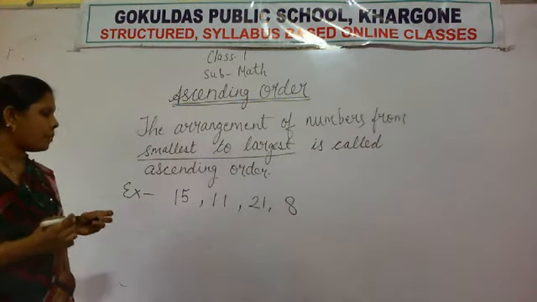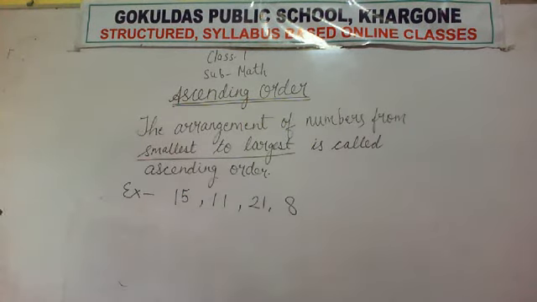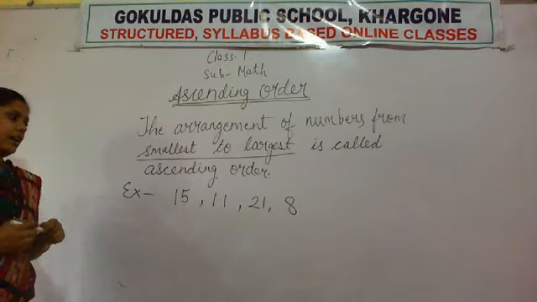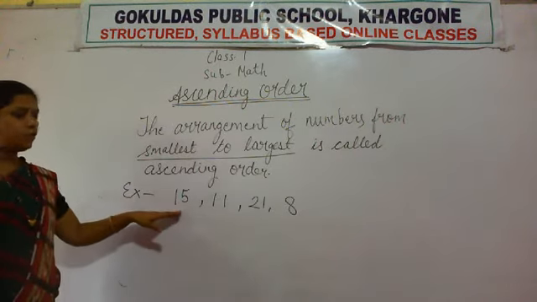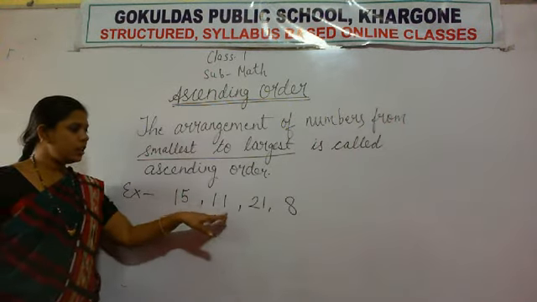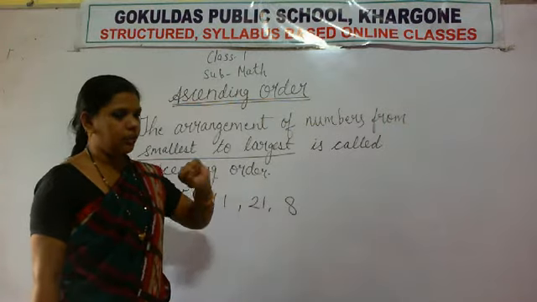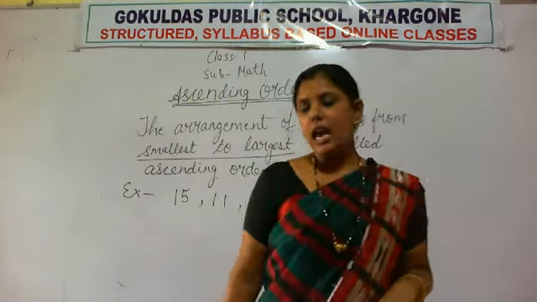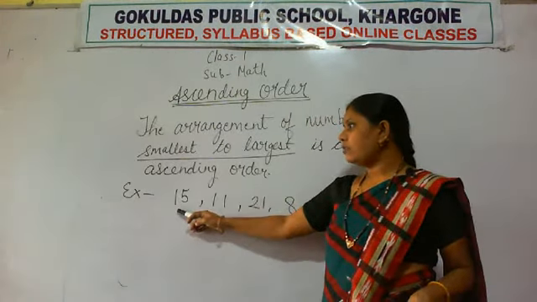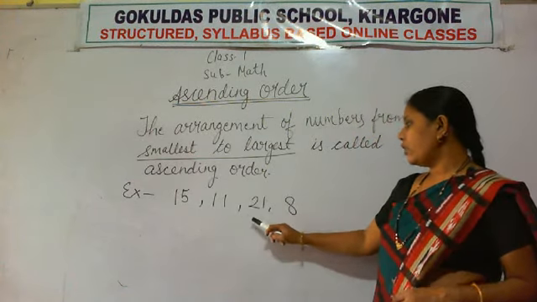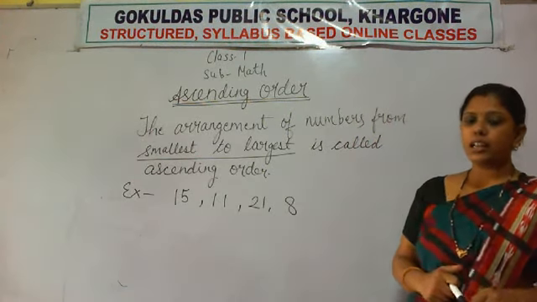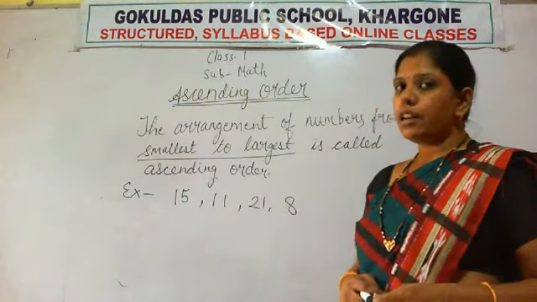Okay, so how many numbers have we written here? We have written 4 numbers. And what are these numbers? 15, 11, 21 and 8. These are the numbers that we have written.